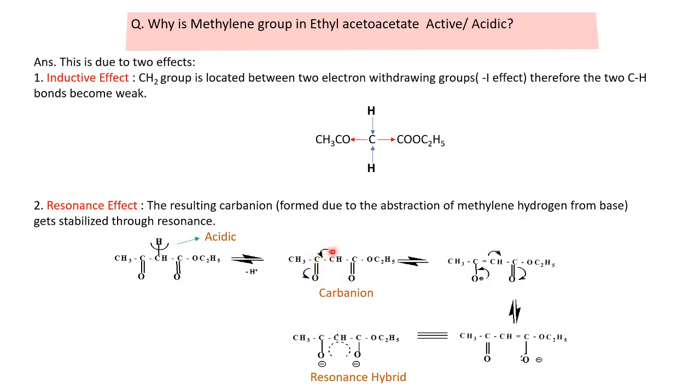The negative charge which comes on this carbon gets delocalized in this C=O bond. Due to this resonance, the resulting carbanion is stabilized. So that is why the methylene group in ethyl acetoacetate is said to be active or acidic.